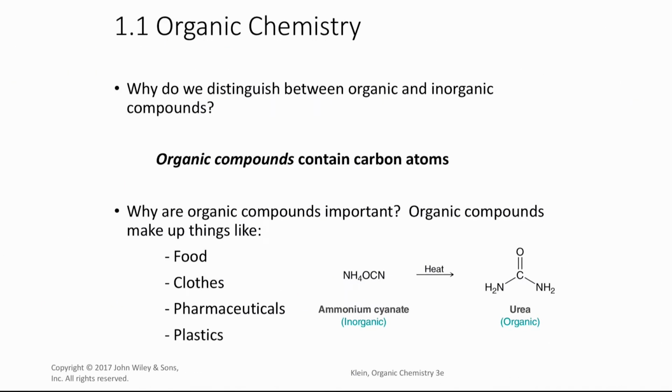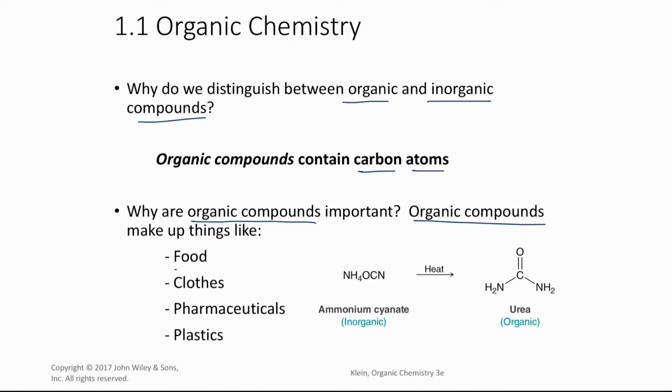Now, why do we distinguish between organic and inorganic compounds? Organic compounds are ones that contain carbon atoms. And why do we need to study them separately? Because organic compounds make up most of the things that we know and live with.